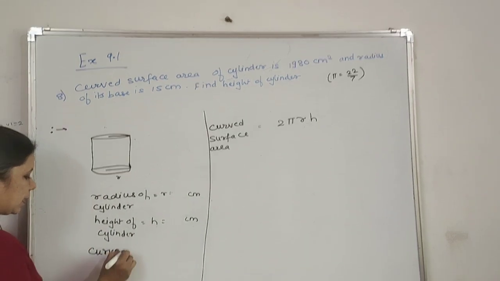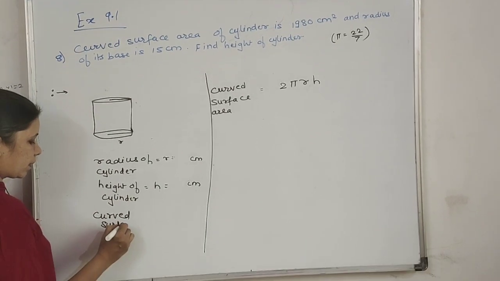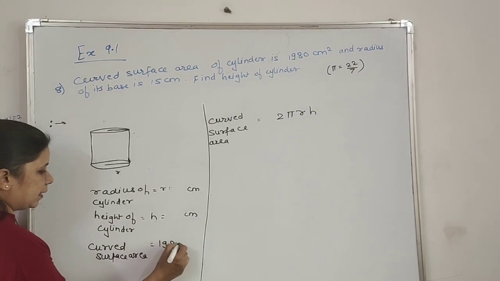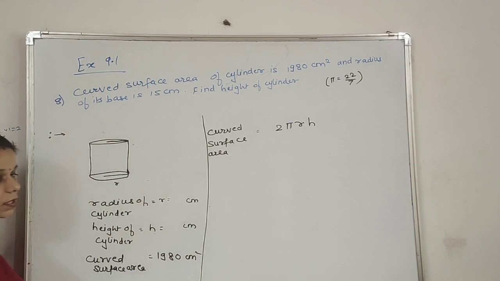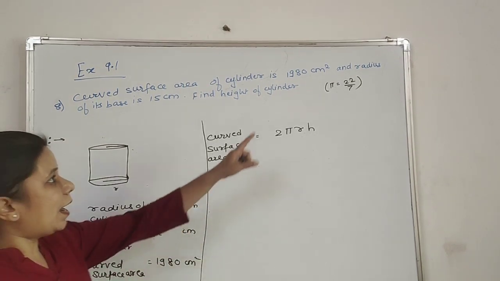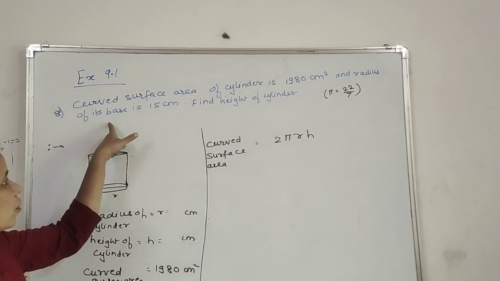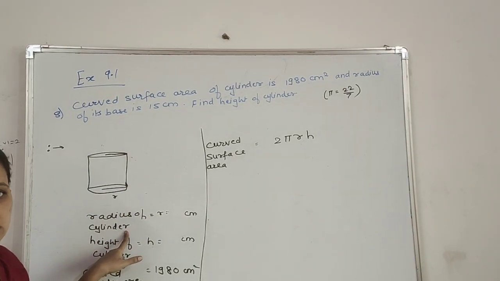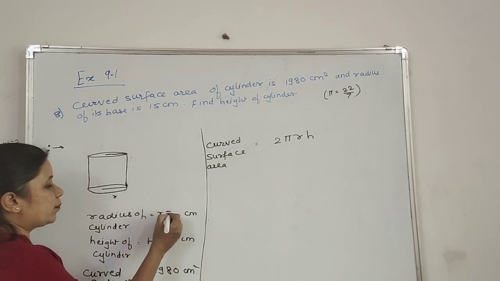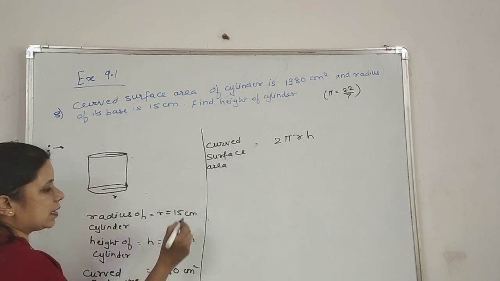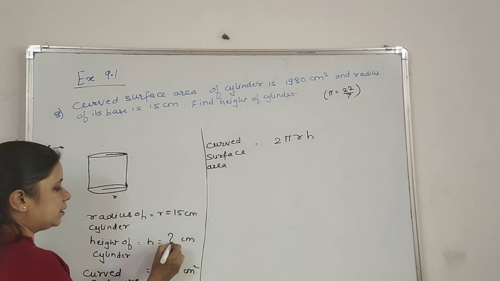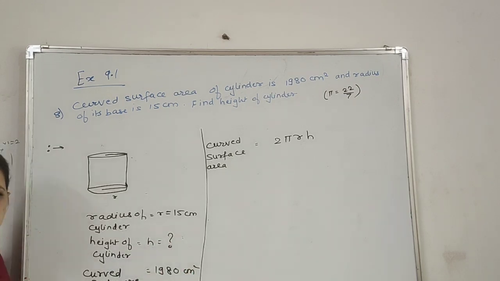Curved surface area is equal to 1980 centimeter square. And the radius of its base is given to you as 15 centimeter, and we have to find the height of the cylinder.